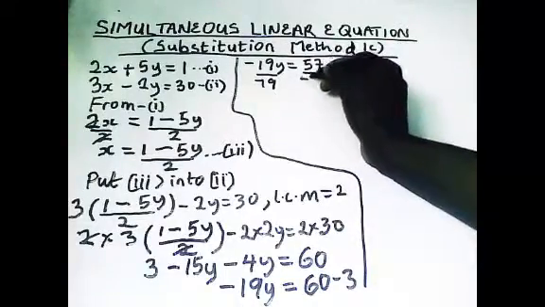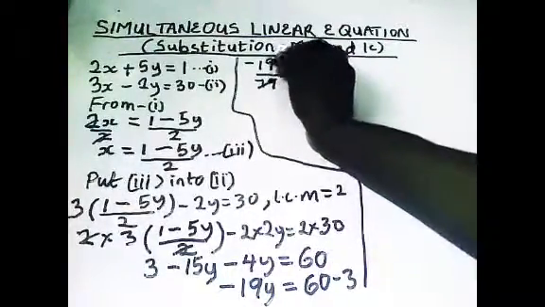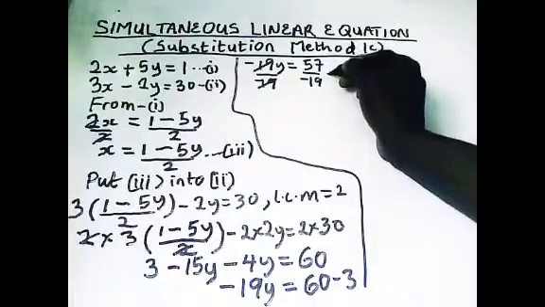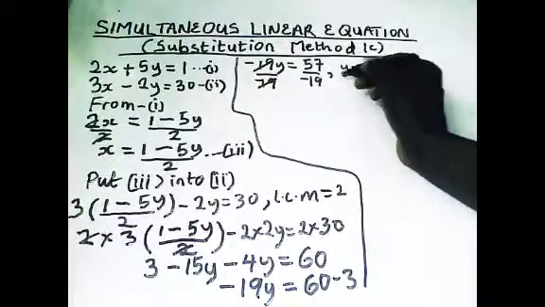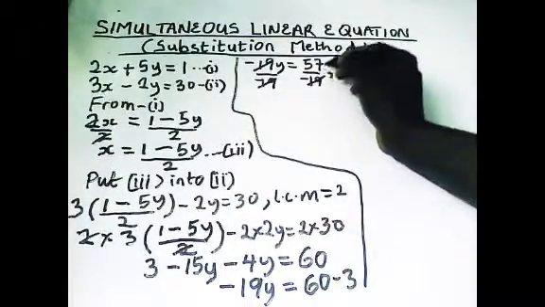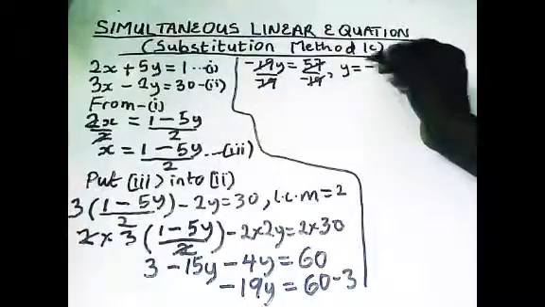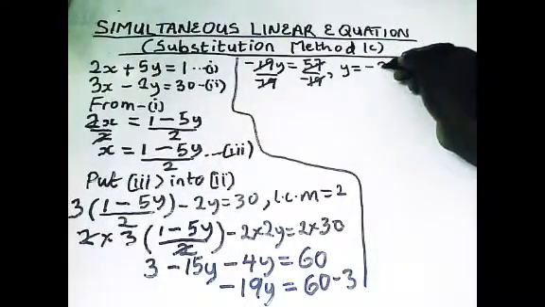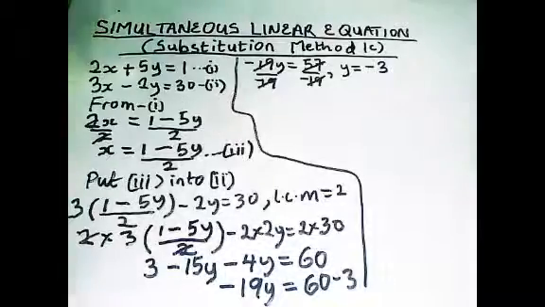If you divide both sides by minus 19, minus 19 will cancel minus 19 to give you the value for y. And if you divide this value, you see that 19 will go into 57, and that will give us 3. So our final answer will become y equals to what? Minus 3. I believe that step is very easy for you to understand.